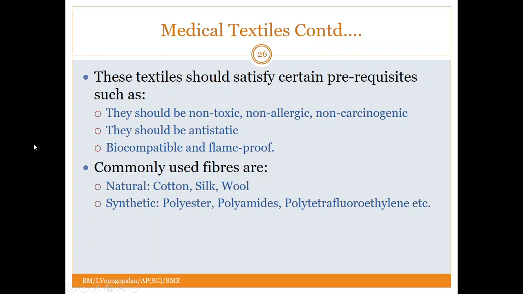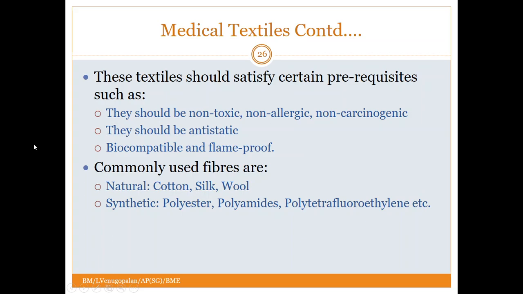Also, an important factor is that it should be flame proof, because in the operation theatre you often use devices such as the cautery machine to either seal or open a wound, and that generates quite a lot of heat, and that heat by any chance should not inflame the material, because you're using this material as a drape for the patient as well.